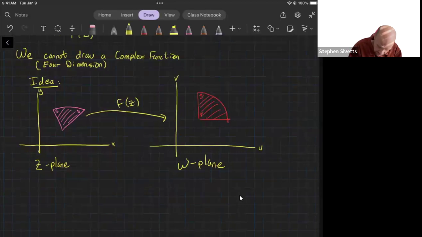S prime would be the following definition.